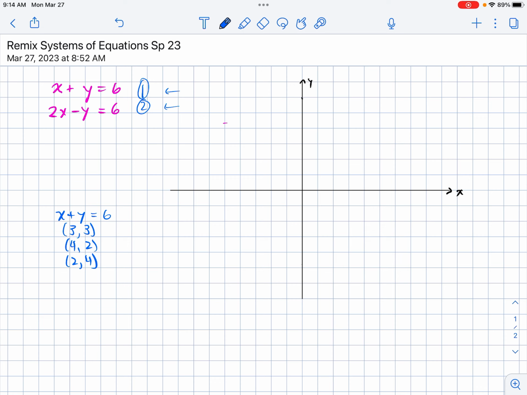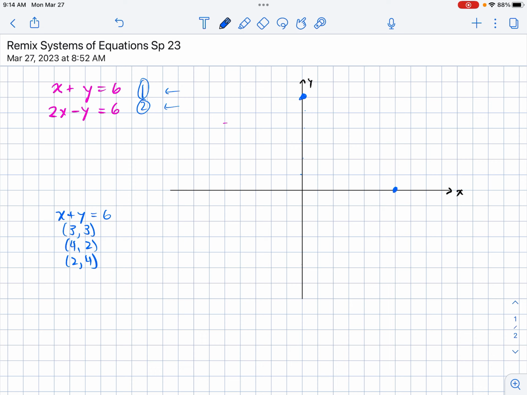Now, what I want to do is plot that x plus y equals 6. So I'm going to use the x and y intercepts. If I let x be 0, I get y is equal to 6. So 1, 2, 3, 4, 5, 6 up here. So there's that point. And if I let y be 0, I get x is 6.